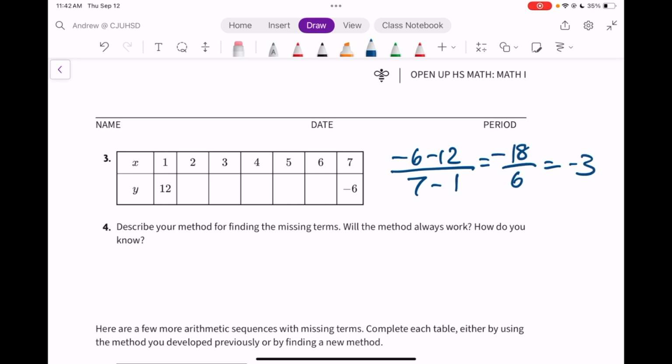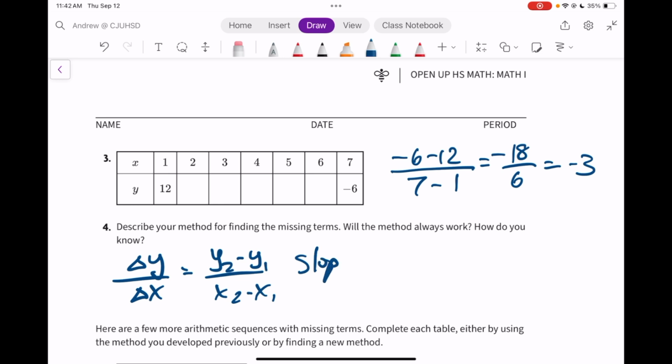Well, this is called the slope. The change of the y divided by the change of the x, or in other words, y2 minus y1 over x2 minus x1. It's the slope. The slope formula is the method that will work.